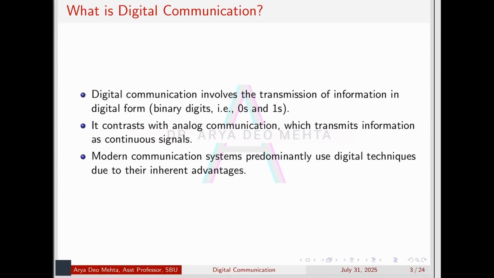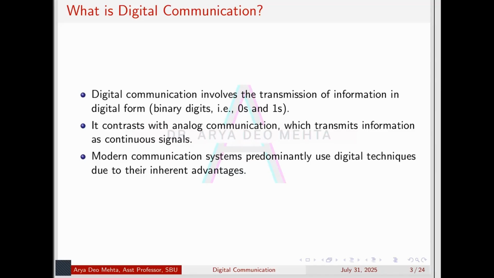So let's begin. First of all, the very important question: what is digital communication after all? We know communication. Generally we say I am communicating with you, and you are also communicating with me, though in one direction only. I am speaking, you are listening, and through your comments I am also getting your messages back.